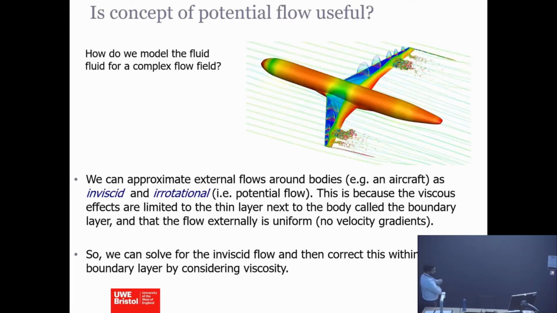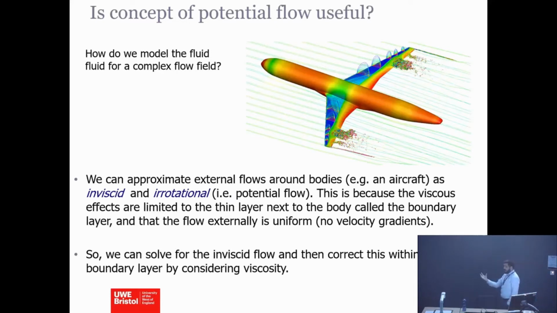If we consider the flow around this aircraft, as long as you are away from the body of the aircraft, you will find that the effects of viscosity are actually not important, and the fluid elements may not be rotating.